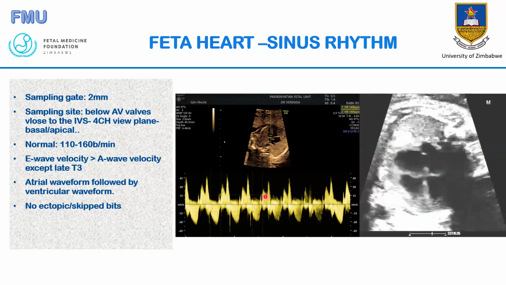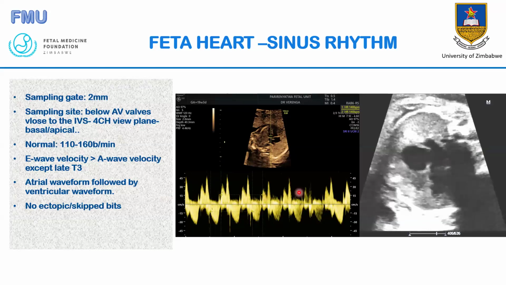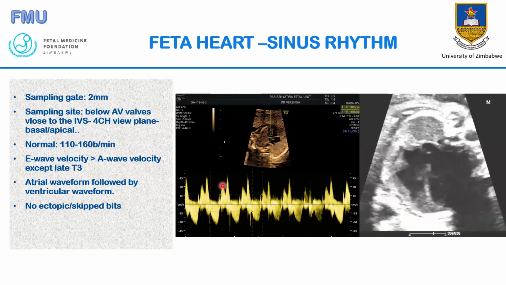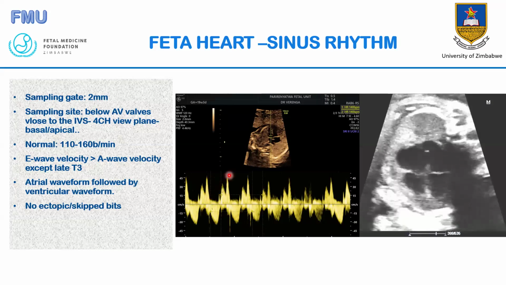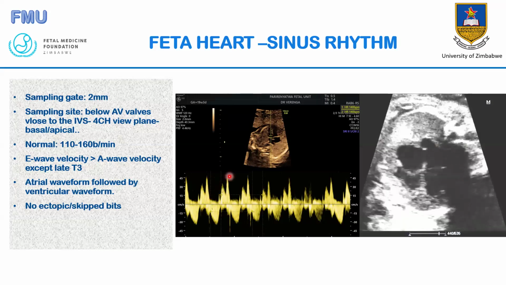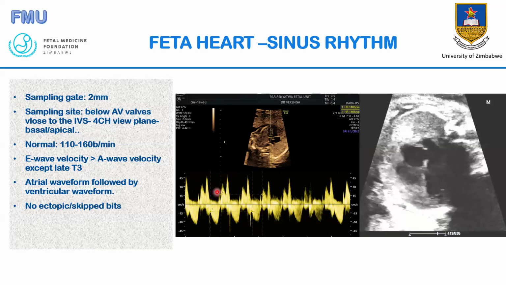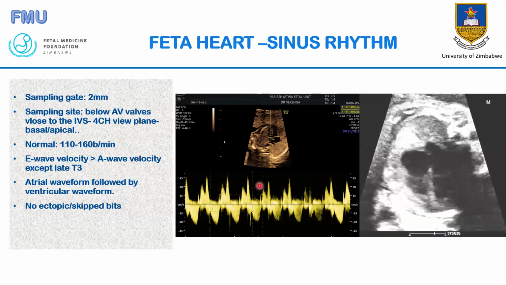So to go on, the other role of doing it properly is that it will allow us to analyze the E and the A wave. If you look at the atrial waveform, it is biphasic. Why is it biphasic? It is biphasic because when the atrium contracts, it contracts in two phases. One phase is what we call passive contraction.